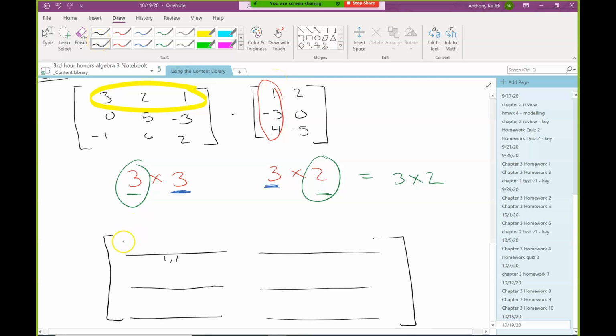So I'm going to multiply the first thing from each together, plus the second thing from each multiplied together, plus the third thing in each multiplied together. Is everybody okay with where those numbers come from?